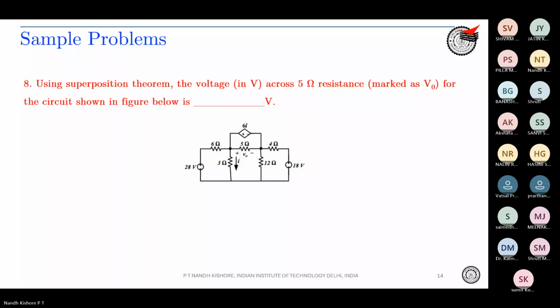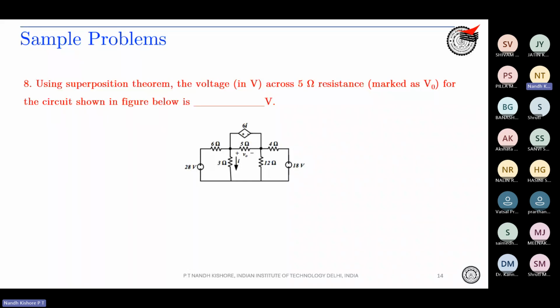So basically, you would have learned about the superposition theorem. In the superposition theorem, if you have, let's say, two independent sources, you disable one source and see the effect of just one active source in the circuit. Let's say you get the answer as y, you keep that as y1.